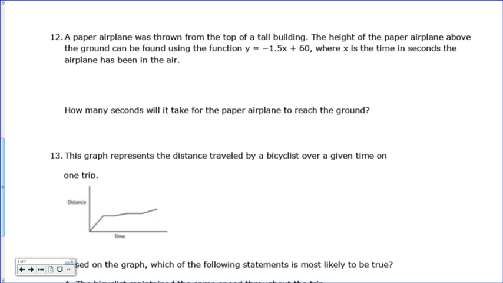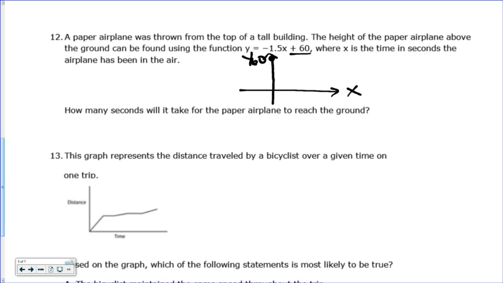So if you were to graph this, if you had your x and y, your 60, a positive 60, is your y-intercept. So we're going to start up here. We're going to start at 60.